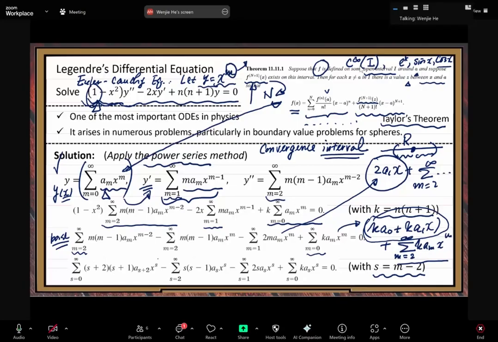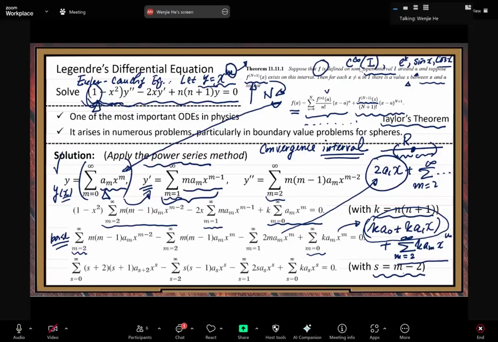Because they both start with 2. How about this? Let me apply it one by one. Then let's see if your question can be answered. Let me go through the details, summation by summation. Let me show you how to get the first, second.